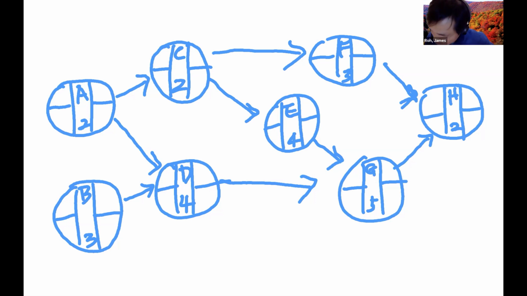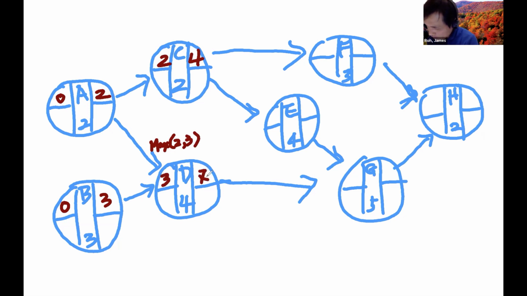So here, the earliest time we can start is 0, and the early finish is going to be 2. And here 0 and 3. C, we have only one early finish, so automatically it's 2, and it's 4 here. And D, we have 2 and 3, and you have to choose the max of 2 and 3, so it's going to be 3, and that's 7.